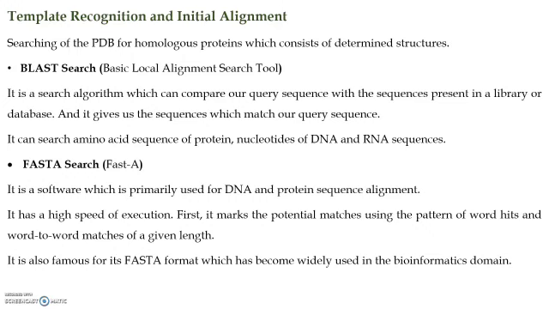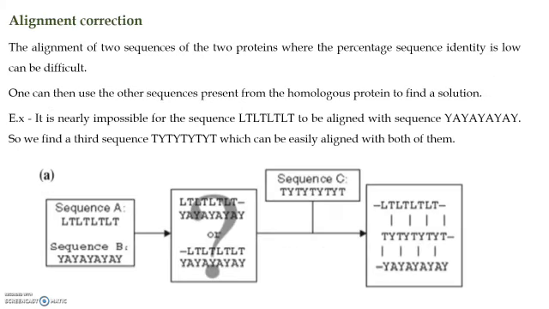If FASTA is used for DNA, it is known as FASTD, and if it is used for protein sequence alignment, it is called FASTP, and it has a high speed of execution. First, it marks the potential matches using the pattern of word hits and word-to-word matches of a given length. It is also famous for its FASTA format, which has become widely used in the bioinformatics domain.